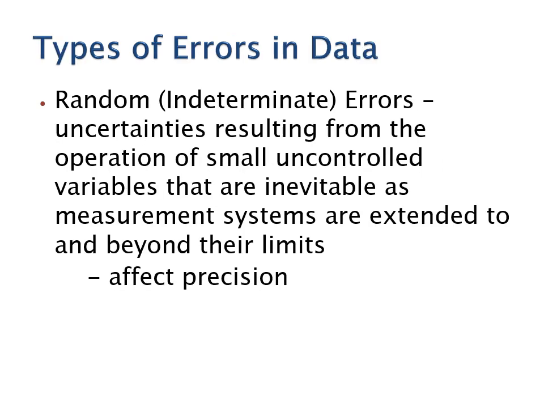So, next is we have the types of error in the data. First, we have the random or indeterminate errors. So, it's uncertainties resulting from the operation of small uncontrolled variables that are inevitable as measurement systems are extended to and beyond their limits.